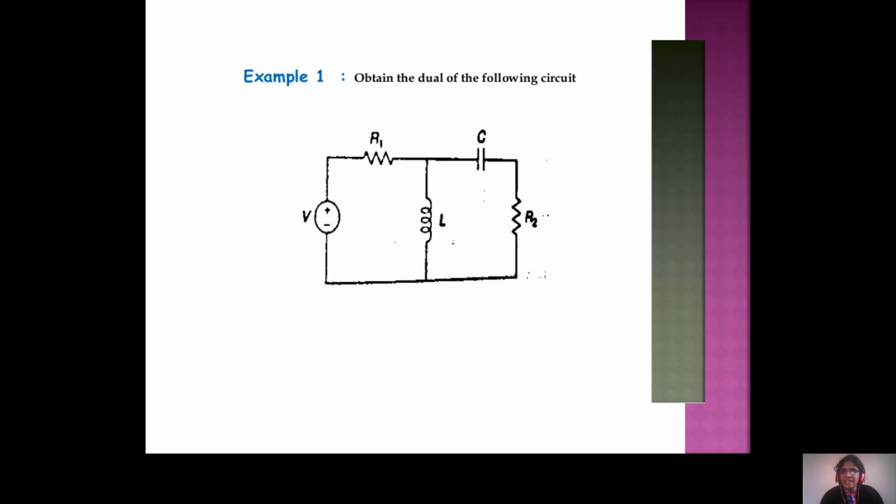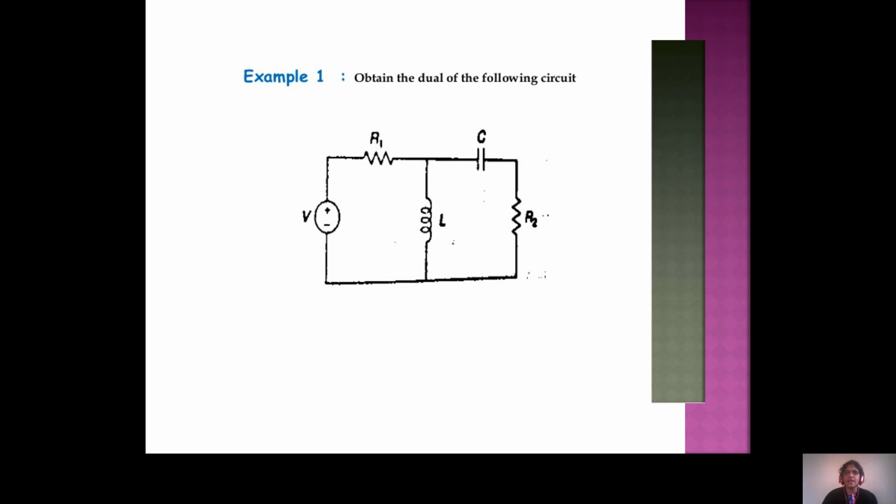The inductance L is related to both nodes, so we put a dashed line to both nodes. But the resistor and the voltage source are related to only the first node, so connect the first node to the reference node. The capacitance and the R2 resistance are connected only to the second node, from the second node to the reference node.